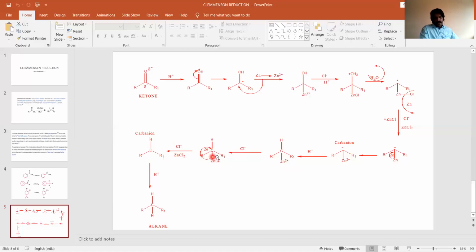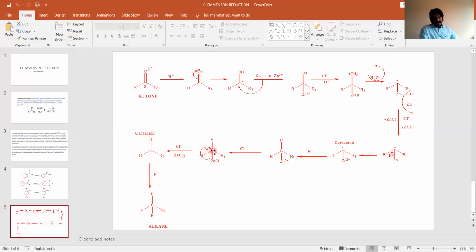Again a heterolytic cleavage is happening here. Zn is coming out, where these 2 electrons will go with carbon. ZnCl is coming out as ZnCl plus, but since Cl minus is joining, ZnCl is making a complete molecule of zinc chloride. The second molecule of zinc chloride is also formed here.